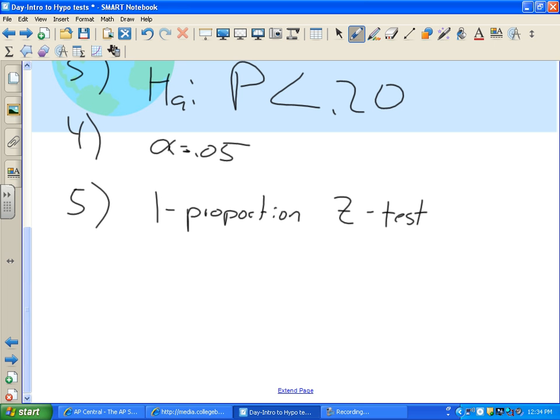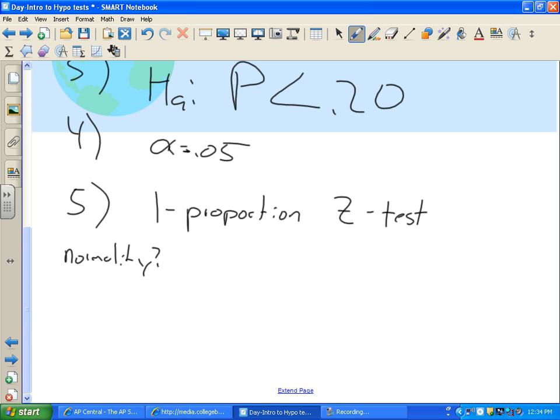And if we're doing a 1 proportion z, we need to satisfy our 3 conditions: independent, random, and normal. So we're going to check for normality. How do we check for normality? Sample size.